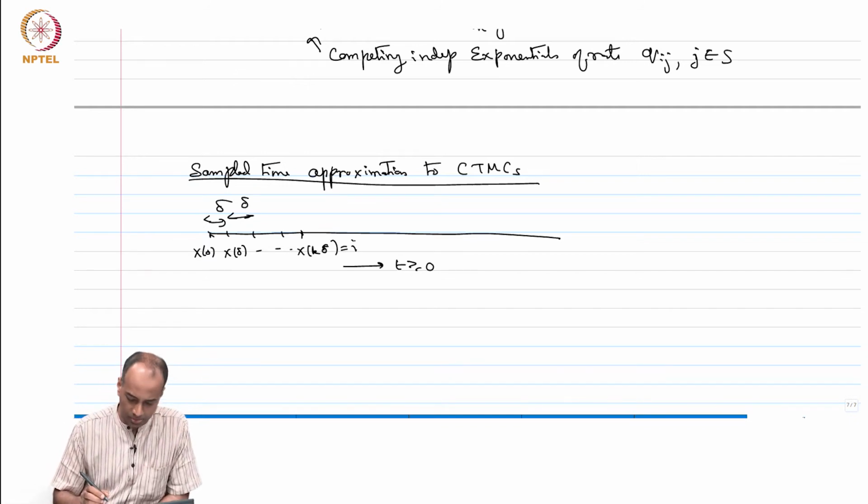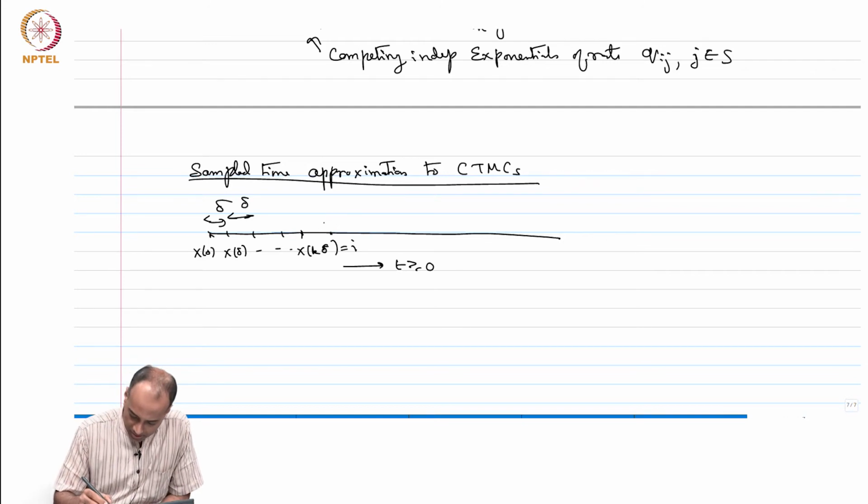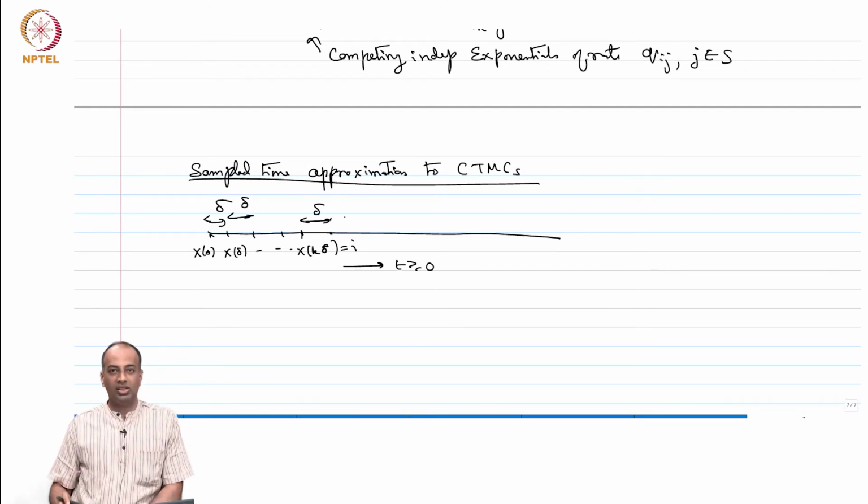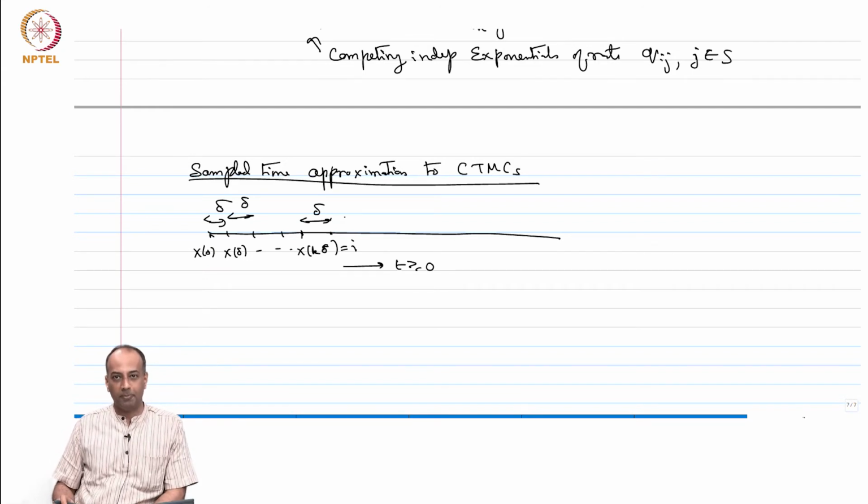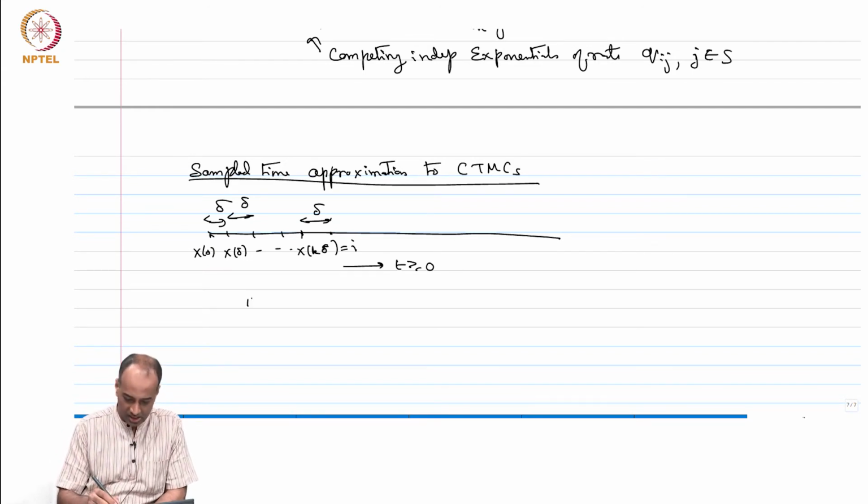Now, what is the probability that, in another little delta interval, I go to some state j? If I look at this probability that X of (k plus 1) delta equals j given X of k delta equals i.